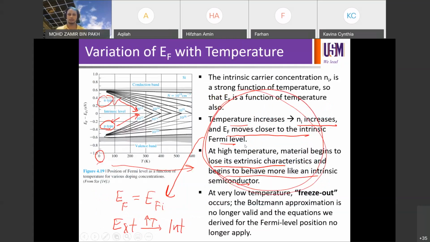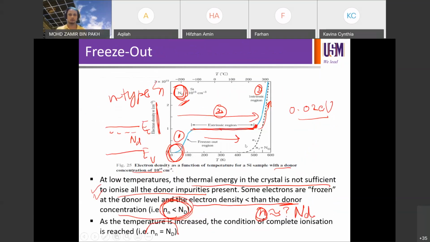So when you increase your temperature too high, in this region number 3, you're going to have a lot of thermal excitation. So thermal excitation due to the high temperature, say at 600 Kelvin. So this is going to supply the kT to the electrons, right?